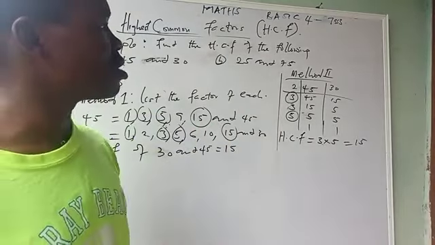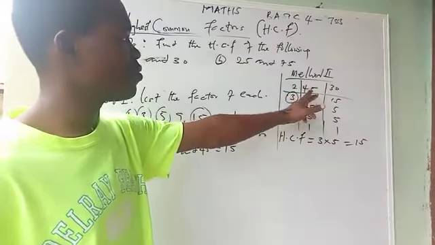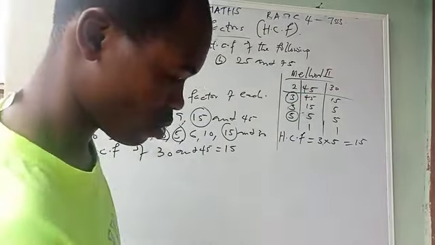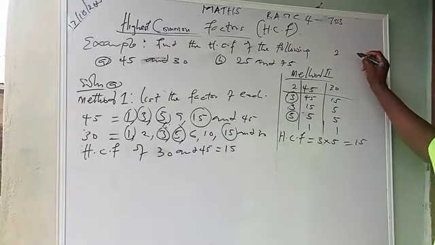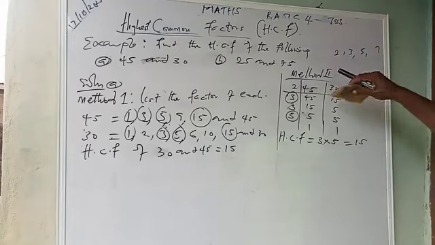So for the second method, you draw your table, 45, 30. You use your prime numbers to divide: 2, 3, 5, 7, and so on. You use them in dividing these numbers.